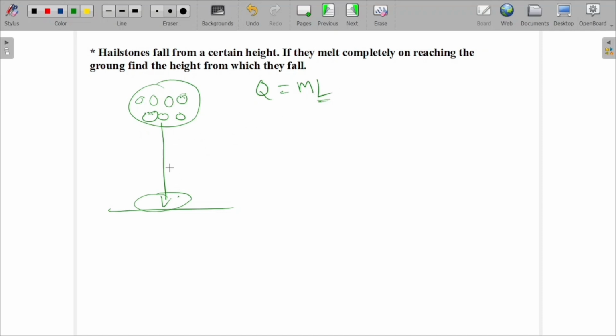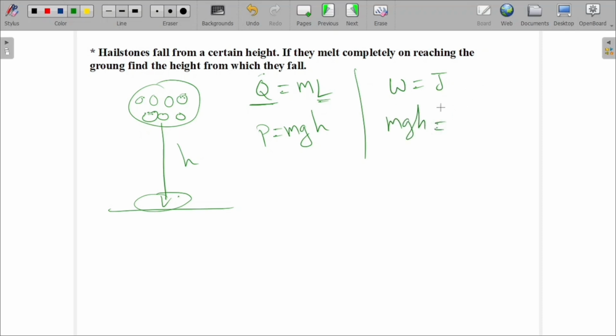And it is falling from some height, that is potential energy mgh. When it is falling from there, these two will be equated. According to this formula, work done equal to mechanical equivalent of heat. So work done is mgh.